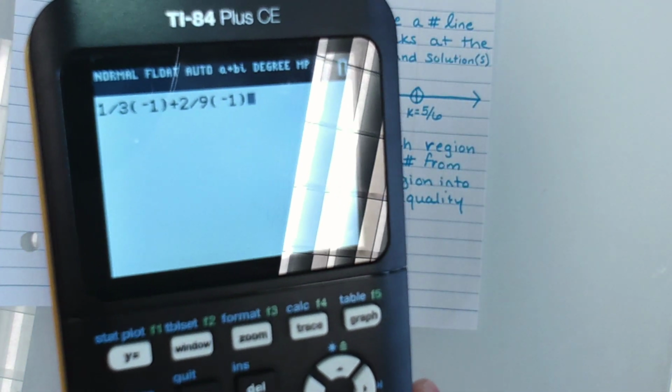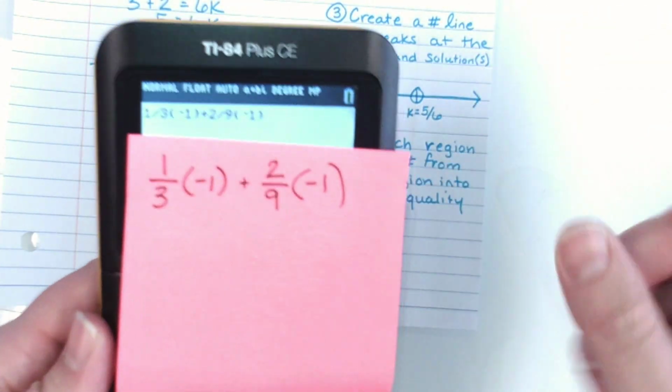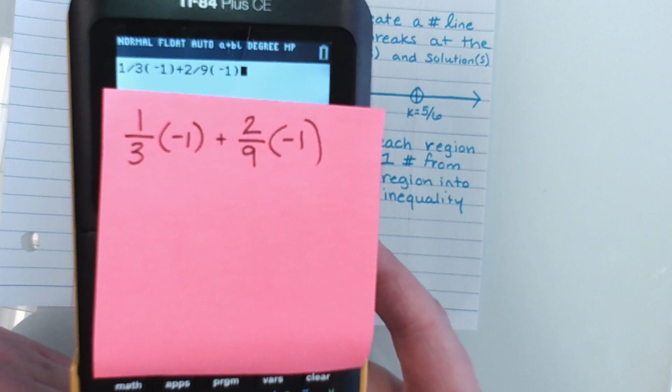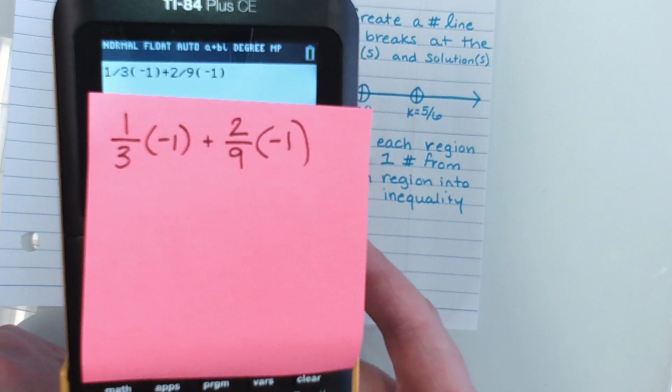Plugging it into the calculator like this, I plugged in this equation. I do teach this more than once a day. So, not quite the same thing.